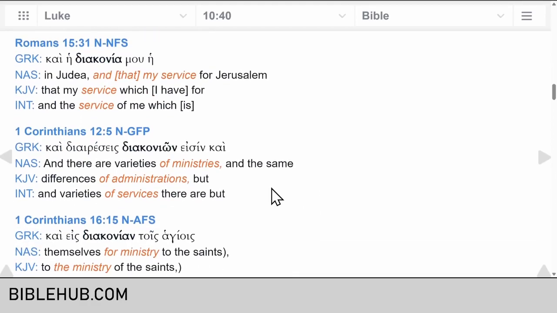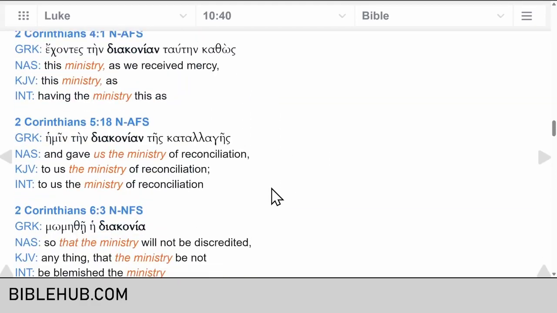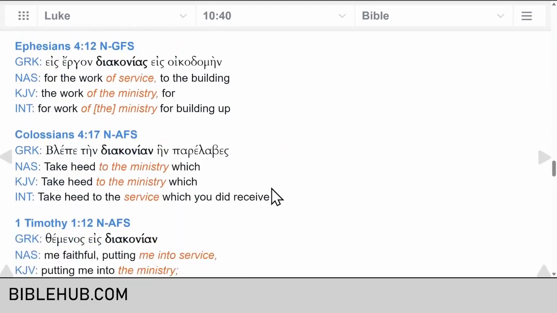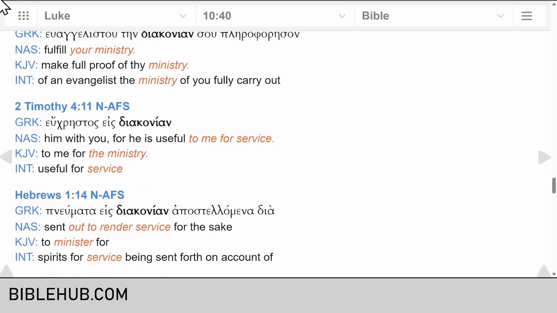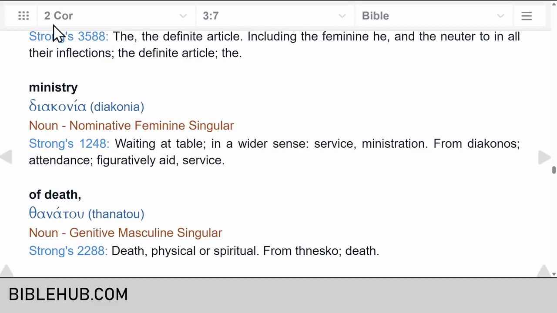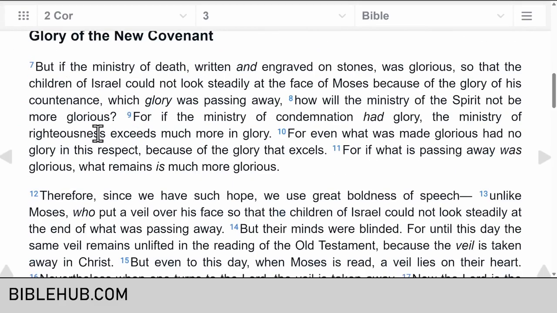All right. And so you can go through all these different uses of this word and just see if it helps you in understanding what it's talking about. If we come back over here, the ministry of death. So it's like it's serving us death. Something is serving death.